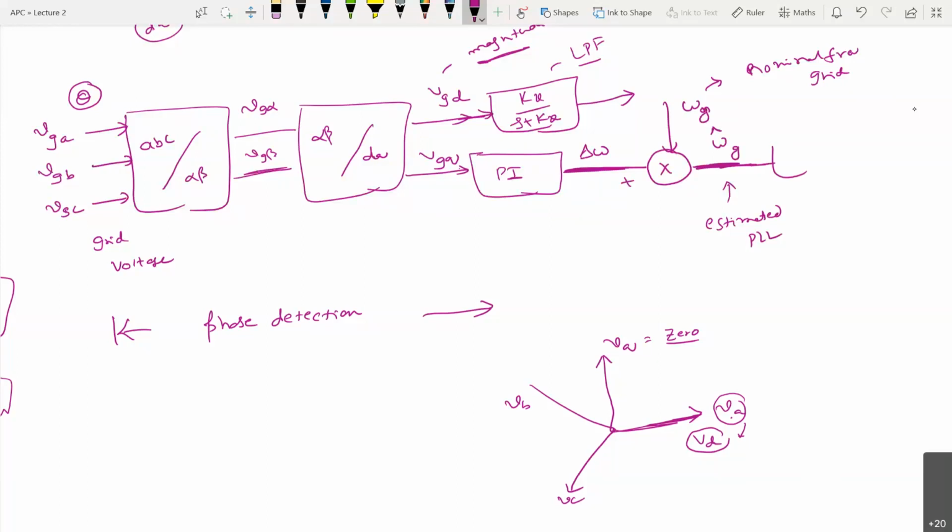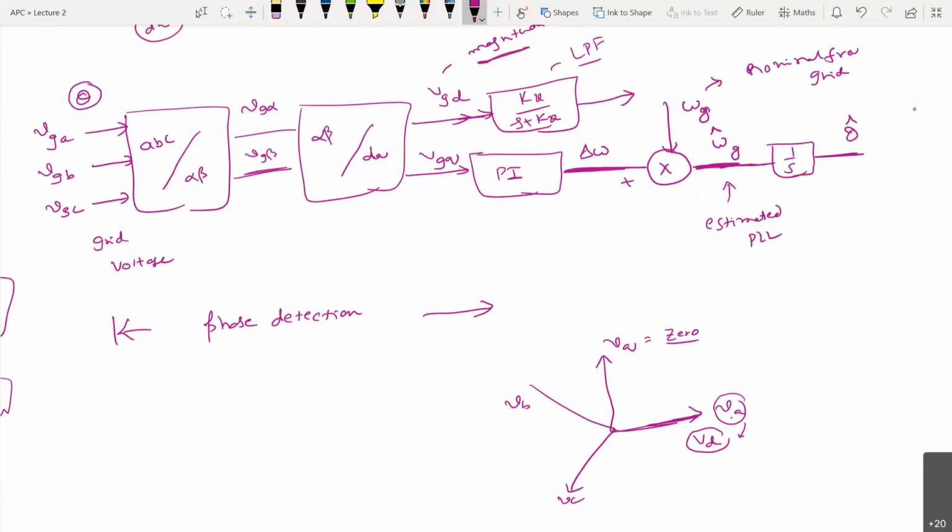So how do we get the angle from this angular frequency, the angular speed? If you want the angular displacement, you need to integrate that, right? So here you have 1 by s, which gives you theta dash.